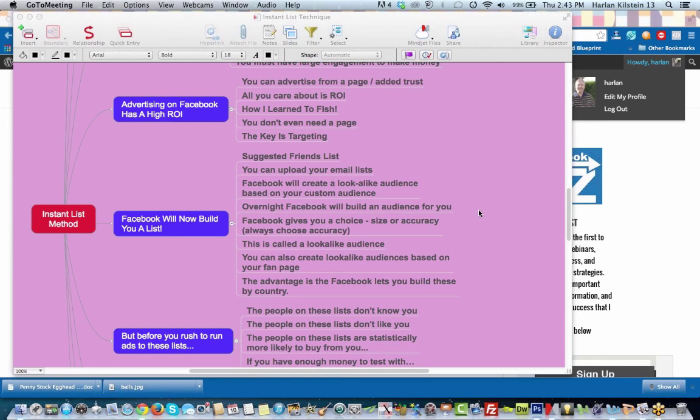Now, you can also create a lookalike audience based on your fan page. This is important stuff. I have a page that's called Meditation Techniques Daily. It keeps growing like a weed. And in the early days, it grew with a lot of names from India, Pakistan, wherever we're fighting, we have people there.